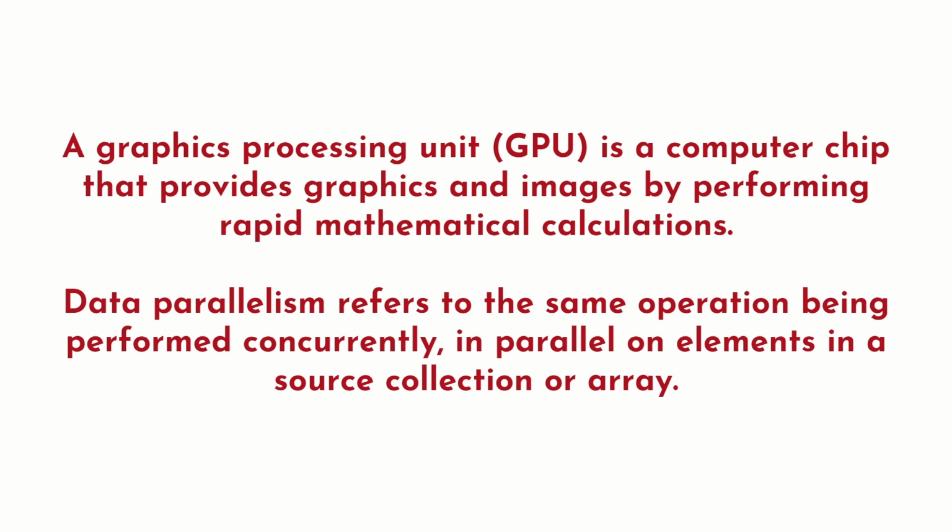If there is just one CPU, it will be pretty slow. If there is a huge crowd and just one person to serve it, it will be slow. But when there are multiple people serving the crowd concurrently, it will be very fast. This is what Keras does. It allows data parallelism, and a GPU, or graphics processing unit, is a computer chip that provides graphics and images by performing rapid mathematical calculations.